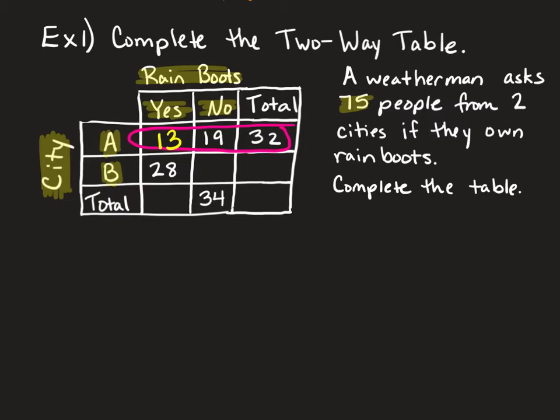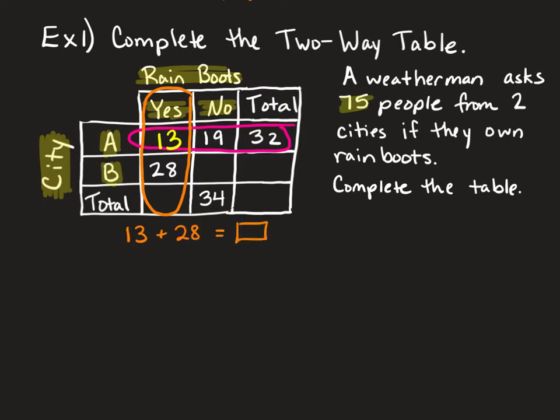Okay, looking at the columns, I don't really know enough to get row B. I've only got 28 yes that have rain boots. I don't know how many don't and what the total is. But on this first column, yes, they own rain boots. I see that 13 are from city A, 28 from city B, and I can get that total by saying 13 plus 28 equal blank.